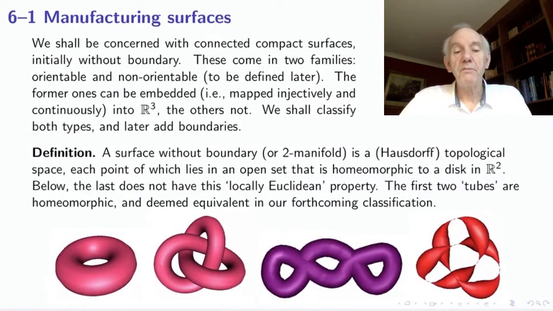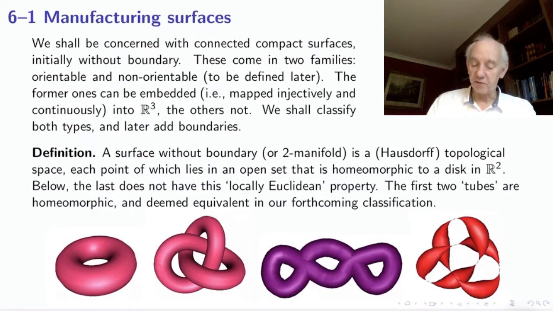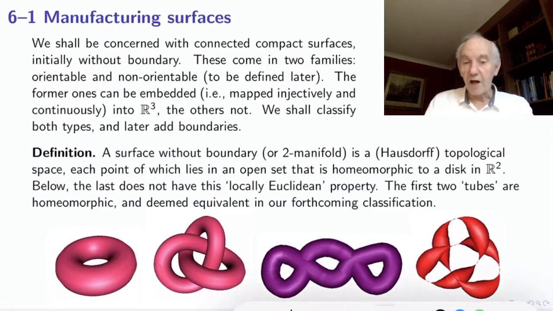And here are some images of surfaces. These are all visible in R3. So these would all be orientable surfaces, except the last one is not a surface. The last one is not a surface because it doesn't have this property that around each point it looks like the plane.